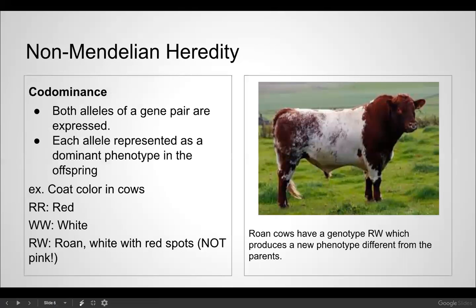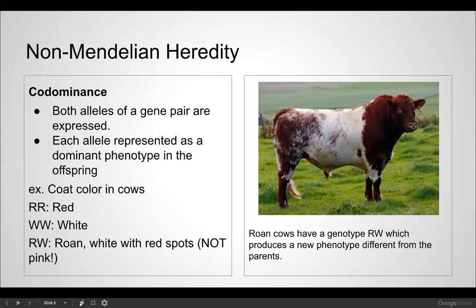So here's a form of a non-Mendelian heredity pattern called codominance. And it's exactly like it sounds. Both of the alleles are able to express themselves. In this situation, both alleles of the gene pair are expressed, each allele represented as a dominant phenotype in the offspring. The coat color in cows follows this codominance, and so do our blood types.